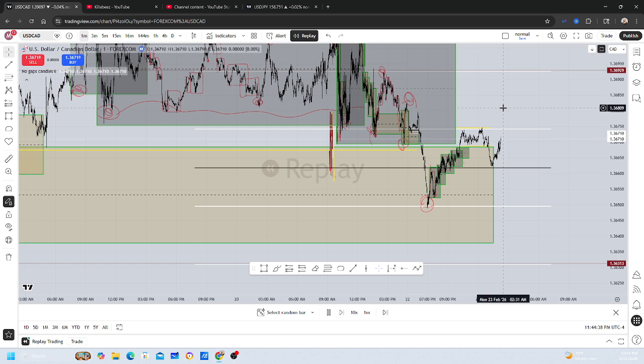Shoot down. Probably going to shoot up and then come back down. Right, have to create a new high. See it there? Shoot up. Shoot down on the range, shoot up on the range.